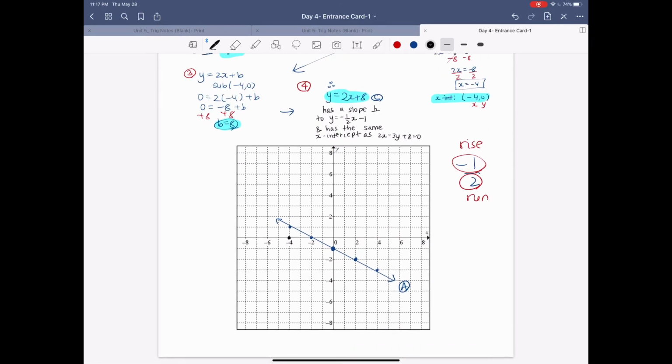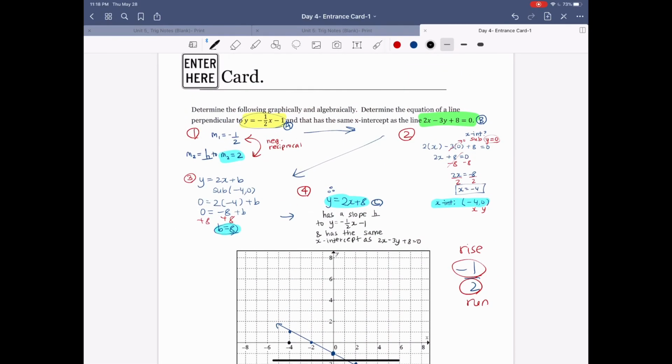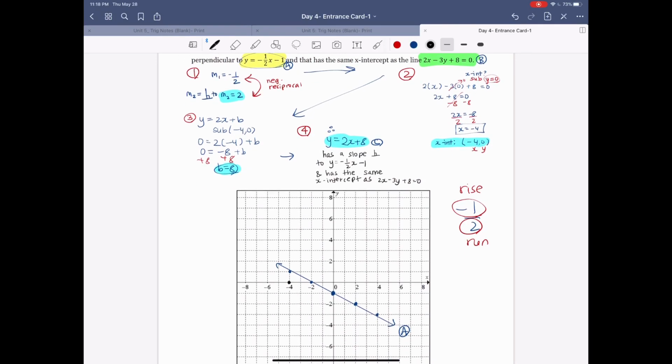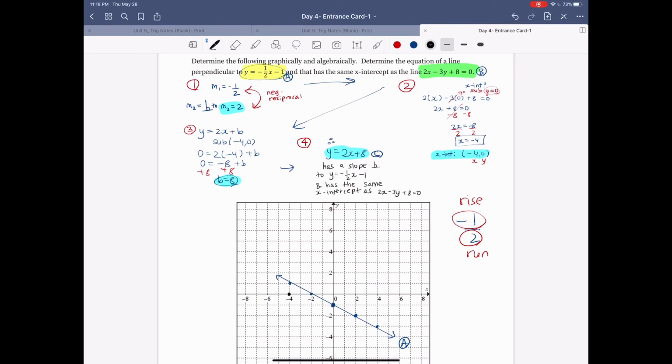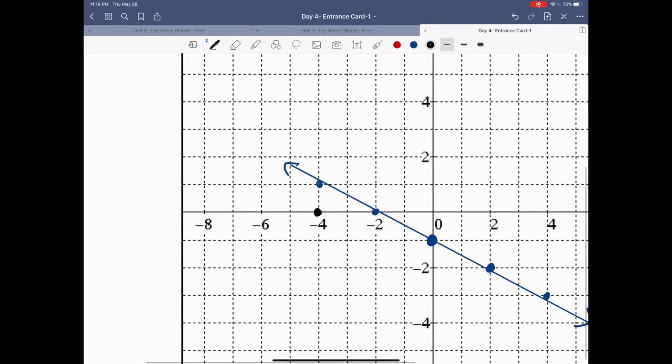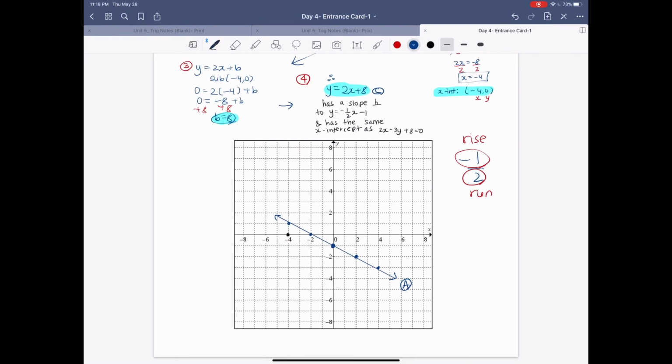Meanwhile, compared to my original line A, my line has to have a slope of 2 instead of -1/2. So from (-4, 0), I am going to write my new slope, which is +2, which is basically I have to go up 2 and then right 1.